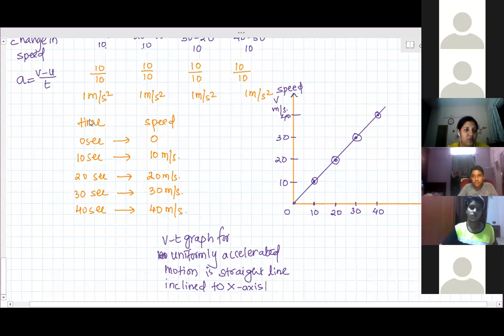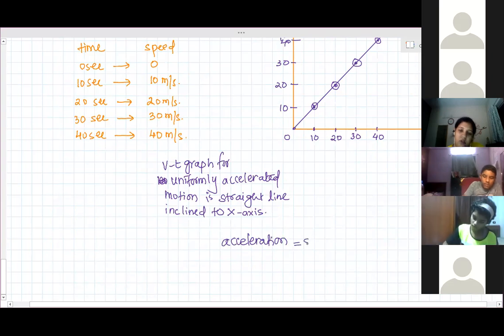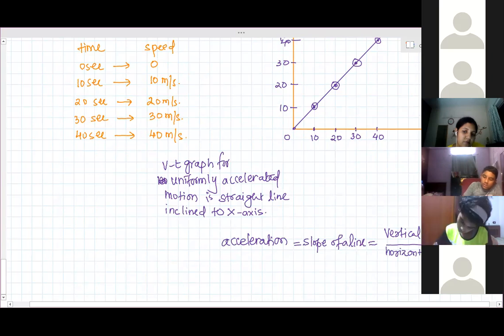So can you tell how to take the slope of a line in this one? Acceleration we can calculate as equal to the slope of a line, and that is equal to vertical height by horizontal distance, that is rise by run.